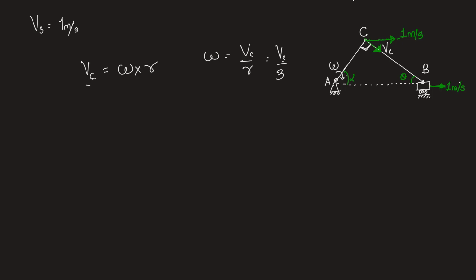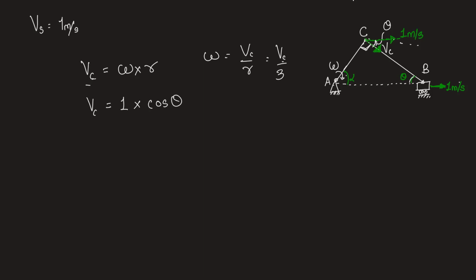So VC can be then easily found out as component of 1 meter per second. VC can also be written as 1 meter per second velocity into cos component of it. So this angle is theta, because these are two parallel lines and the alternate angles will be equal, which these parallel lines are making with the transversal BC. So this is also theta, this is also theta. Therefore, VC will be equal to 1 into cos theta.